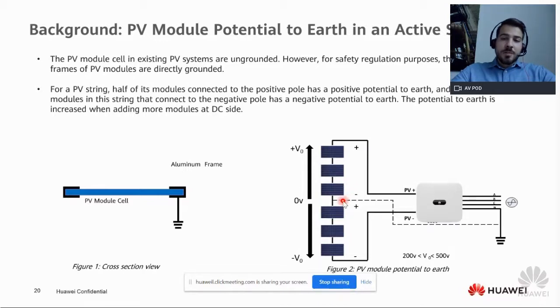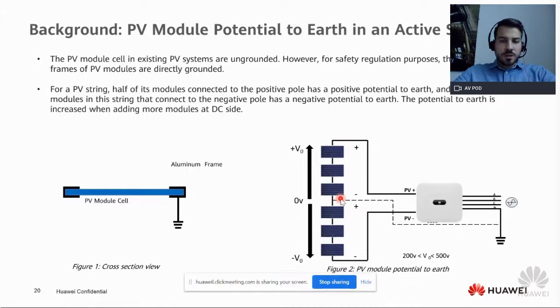As you can see here, if we have a DC system with one string connected, at the beginning of the string we have a negative voltage, so it is below zero. At the middle point the potential difference between the cell and the frame equals zero. As we go to the positive side, we will have a positive voltage difference.